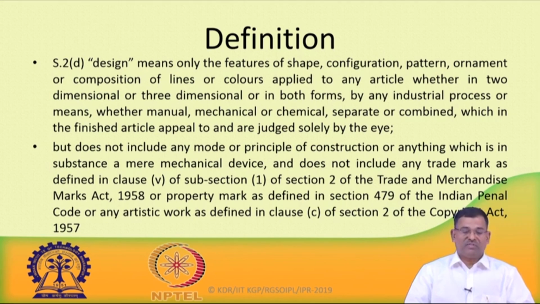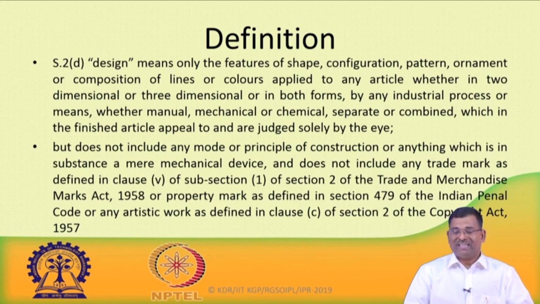In the second part, the definition clearly excludes any mode or principle of construction, or anything which is in substance a mere mechanical device. For a mechanical device, if it is new, you go for patenting.